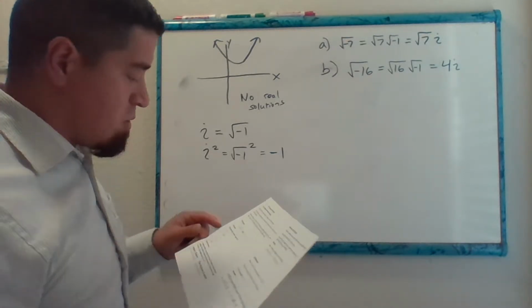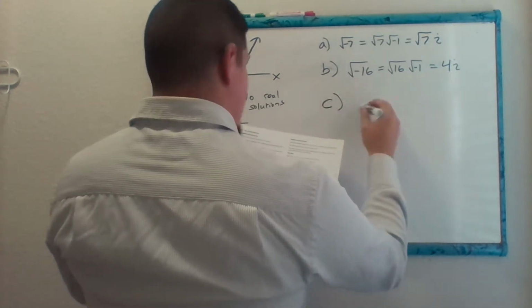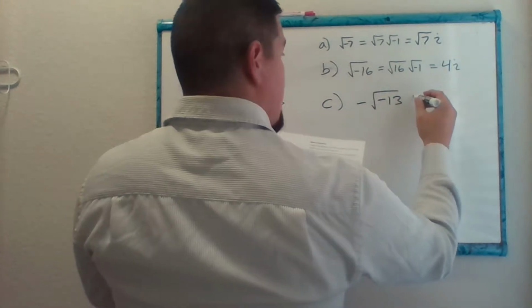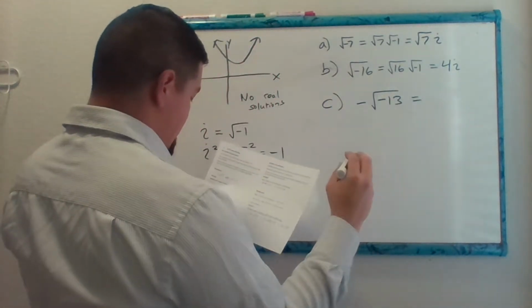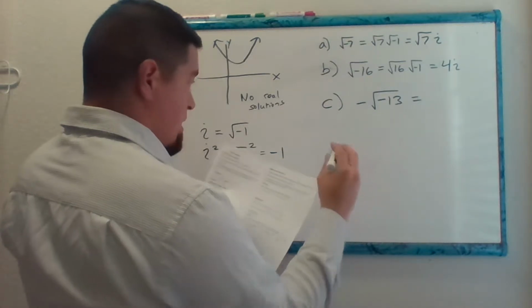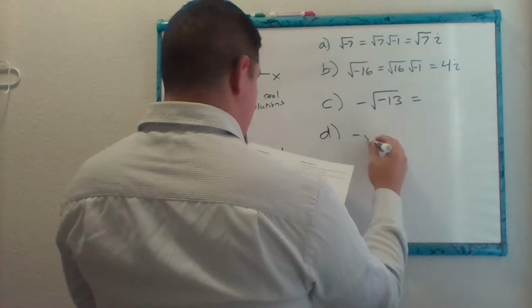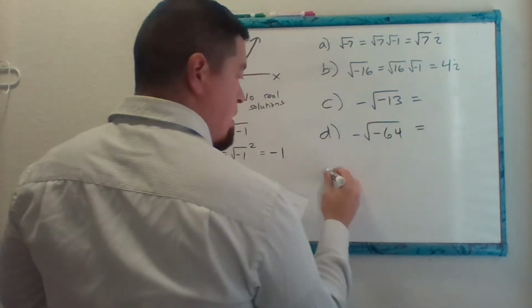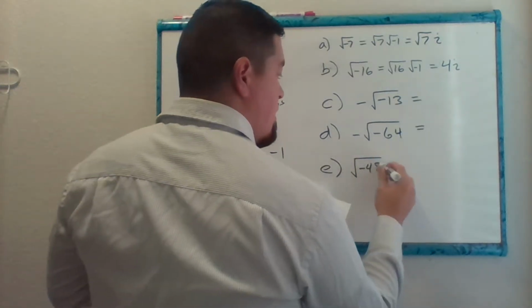And then we also want the negative square root of -13 equals, and I might leave that for the end. I'm going to write the other ones, but I want to jump to e, which says the square root of -48.